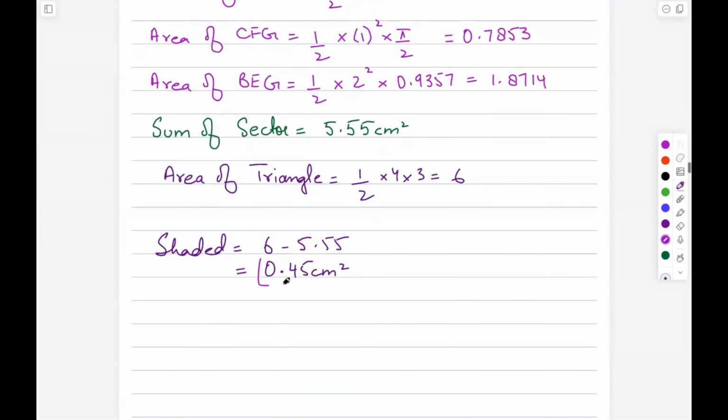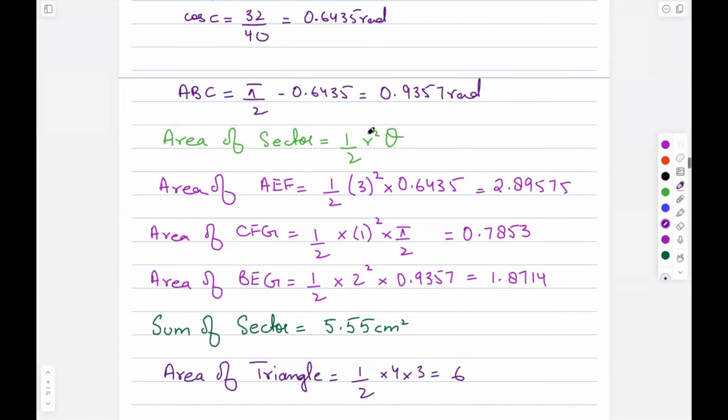Now in the mark scheme, if you look, the answer for the area of the shaded region is given as 0.464, as we have to give our answer to 3 significant figures. So if I subtract 5.55 from 6, this will become 0.450. Now this change of answer can happen because of some rounding off that has been previously done.